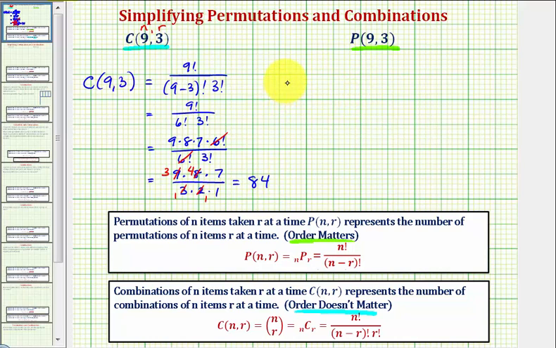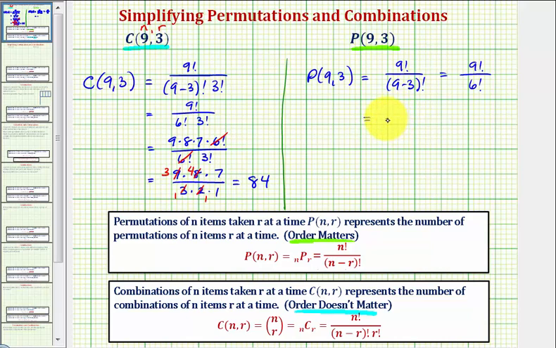Now let's take a look at the permutation, and then we'll check both of these on the calculator. For 9 permute 3, we would have n factorial, which is 9 factorial, divided by n minus r factorial, which is 9 minus 3 factorial, which is just 9 factorial divided by 6 factorial. So now we'll simplify.